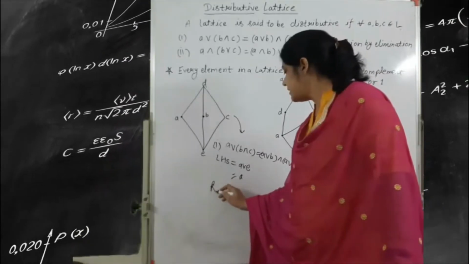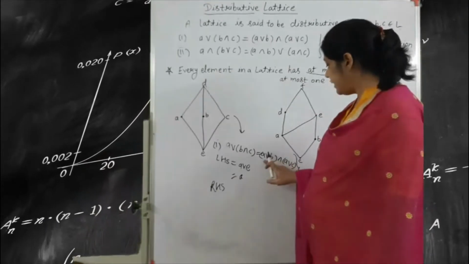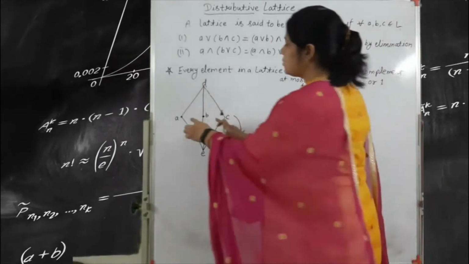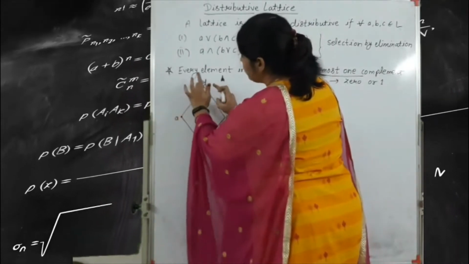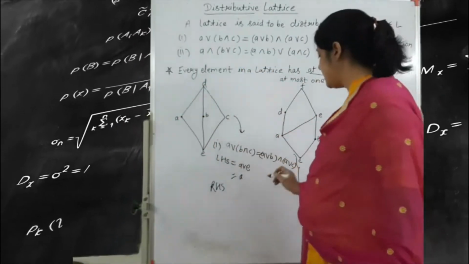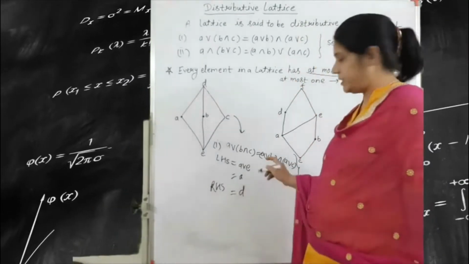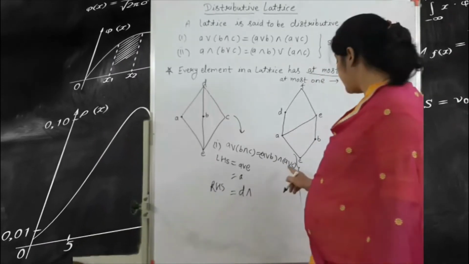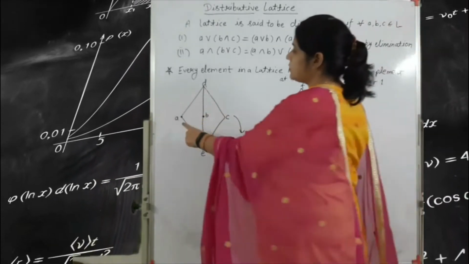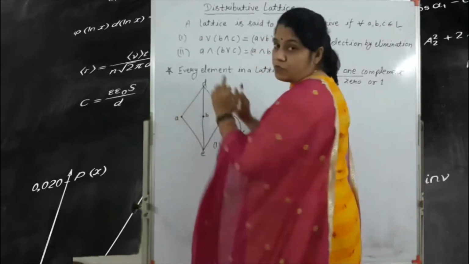Second one we write here the RHS. So this is the RHS. Okay, so A join B. So this is your A and B element. So A join B, that means what? First meet, that means D. So we write here D. Next one is A join C, and here we sign the meet. This is your A and this is your C. So A join C, that means what?